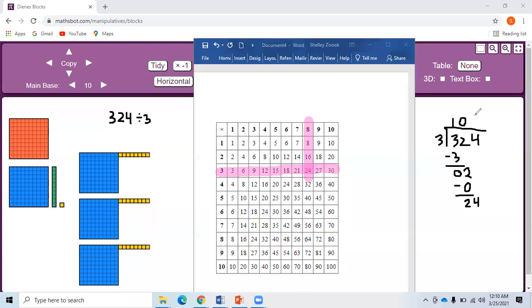That means that I can write my 8 in the quotient. 8 times 3 is 24. I can subtract and get 0.